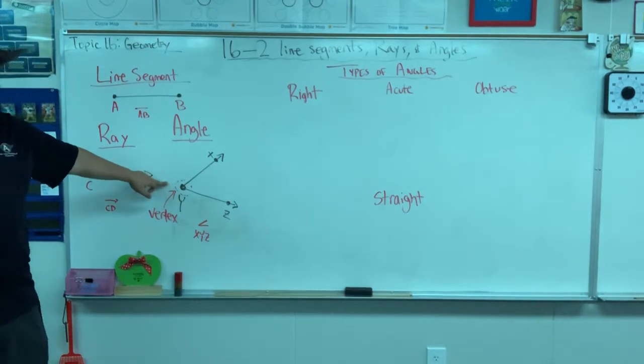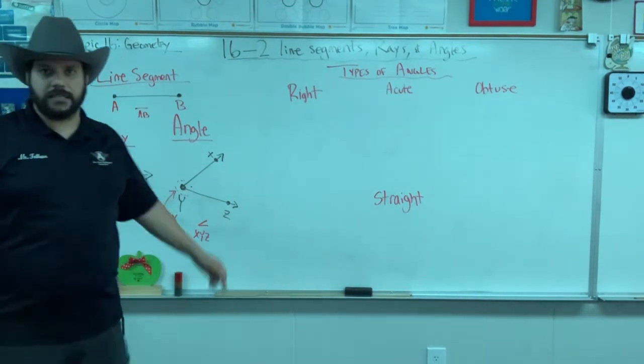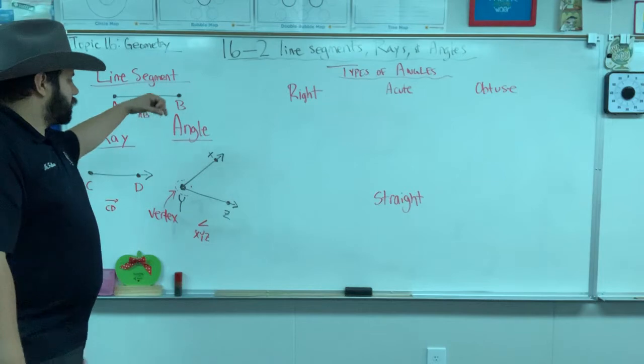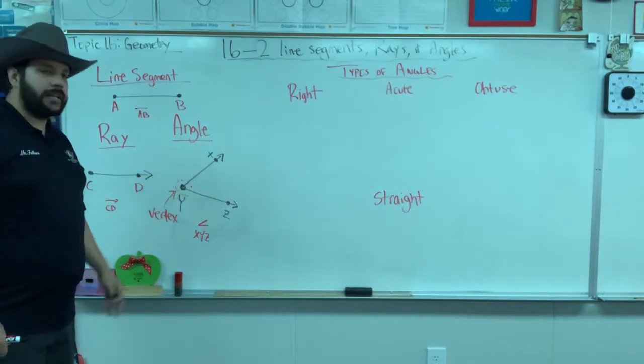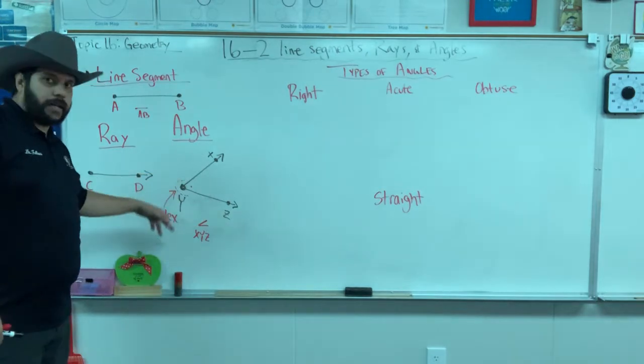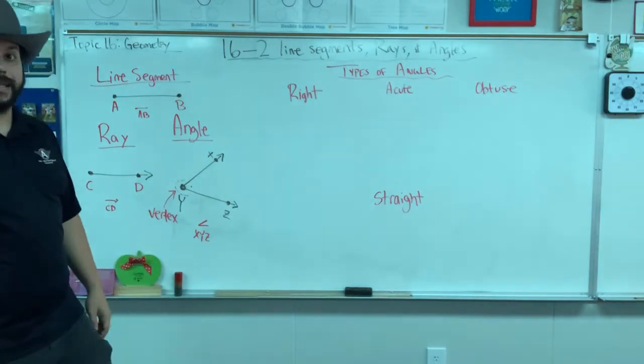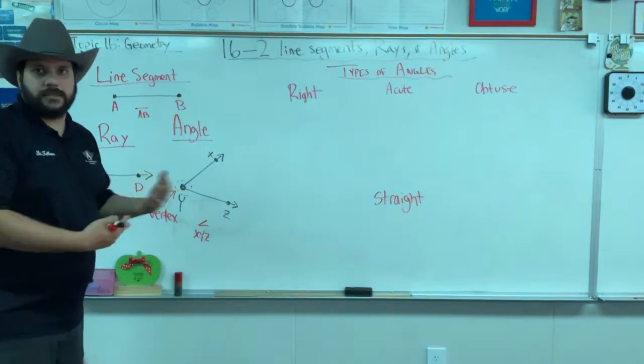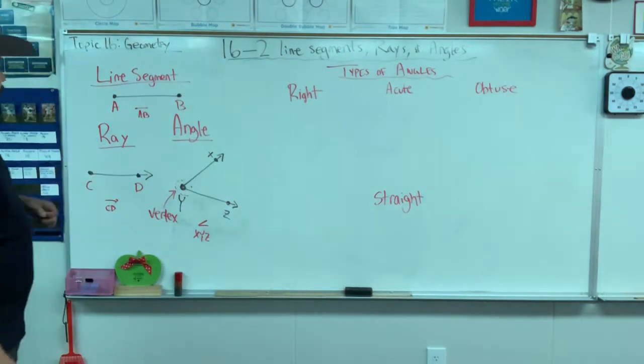One is a vertex, multiples are vertices, but either way. So a vertex of angle XYZ is Y, all right? And when you're naming your angle, you put the vertex in the center because it's in the center. That seems to make sense to me, all right?